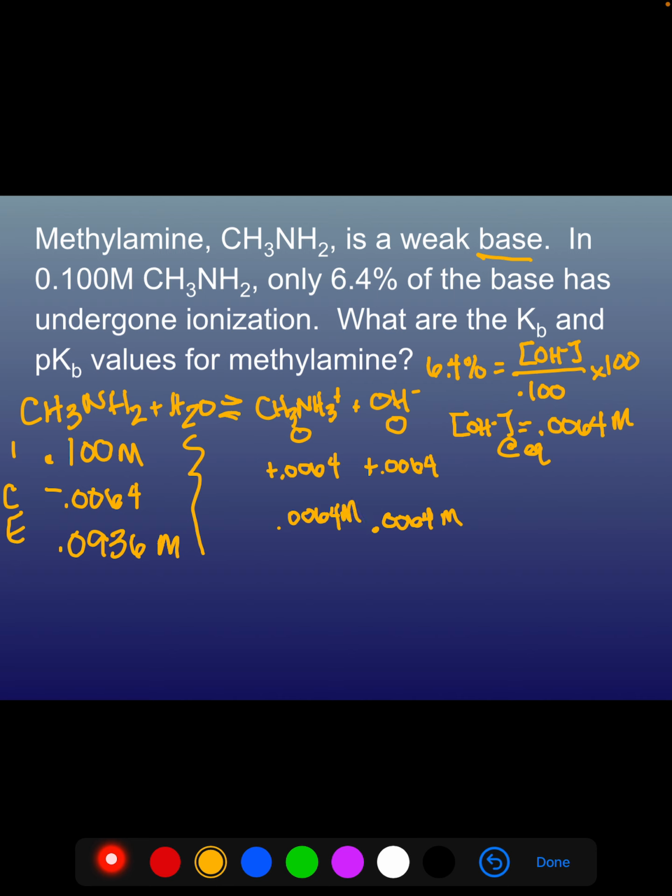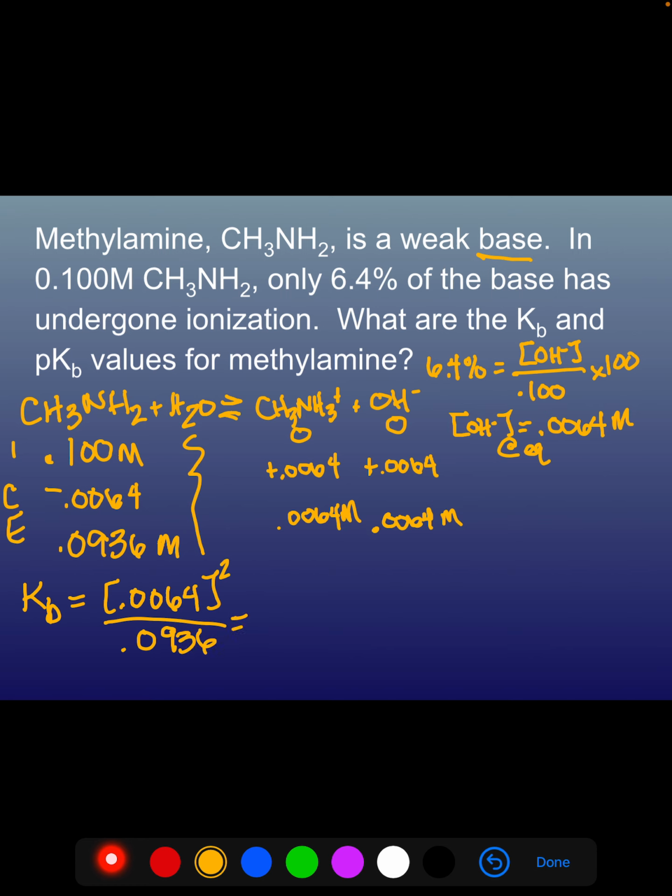So now that we have all of our equilibrium amounts, we can find Kb. So that would be our products, so we have 0.0064 times itself, so we can just put squared, over 0.0936.